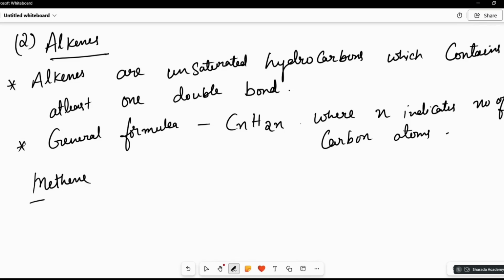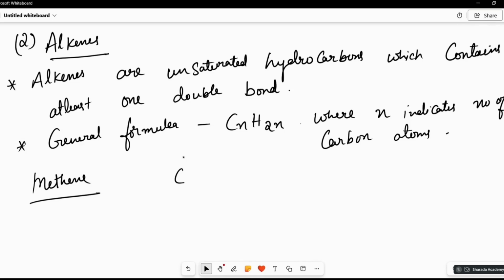Can you write methane? What is the formula? See, methane is not there. Why? Because at least one double bond should be there, right? So meth means one carbon atom will be there. With hydrogen, it will share only one electron. So you can't have the double bond with hydrogen, only with carbon.